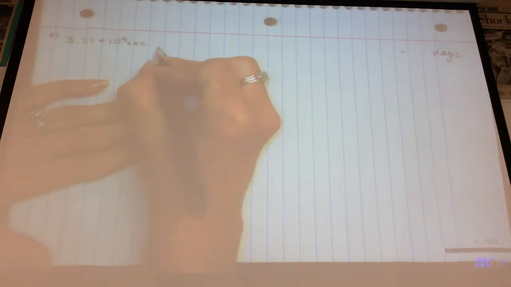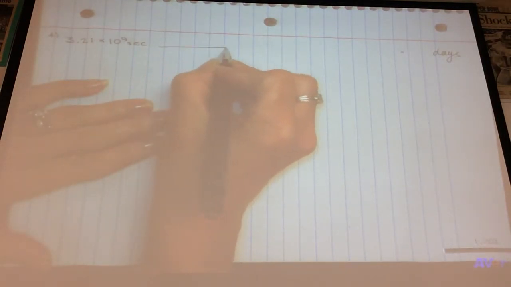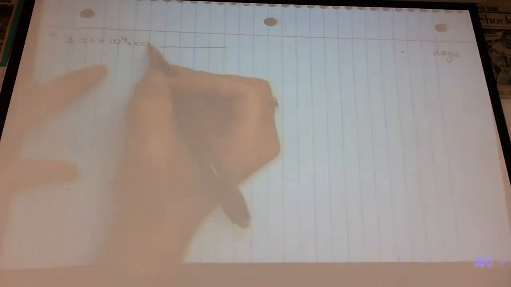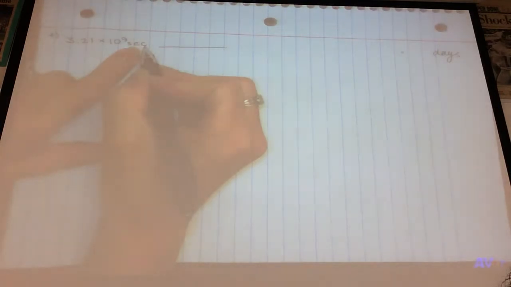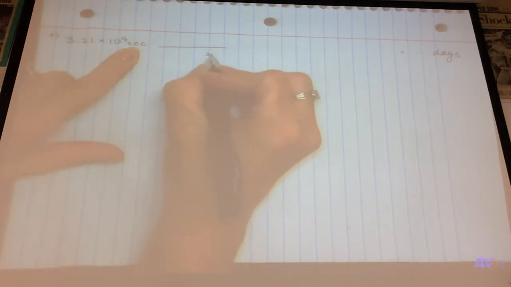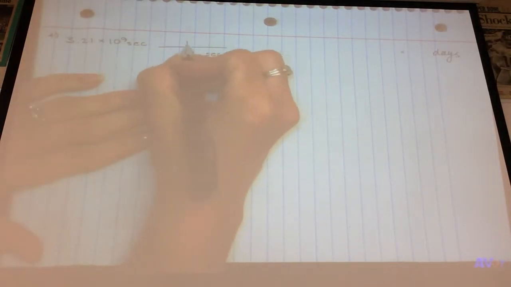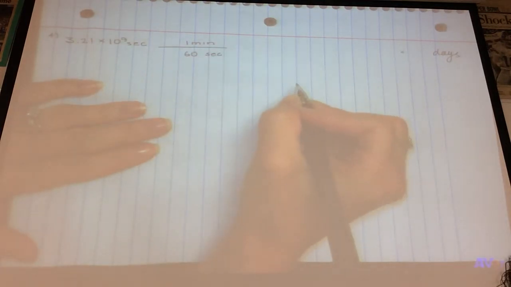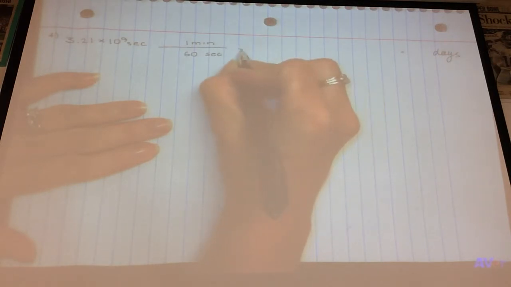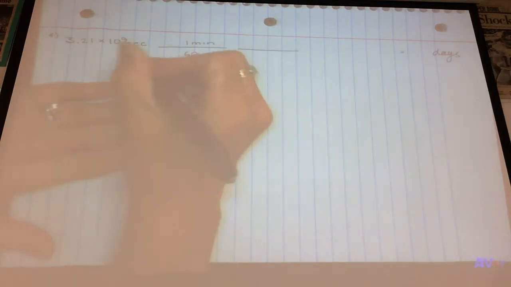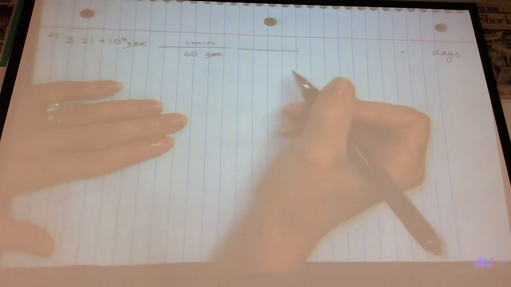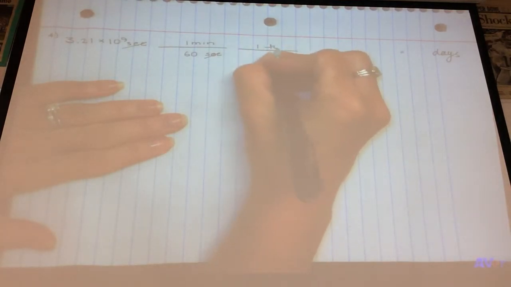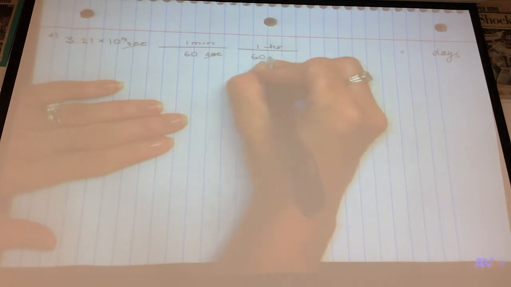And I'm going to work through these equalities. You don't have to write them all down underneath unless you feel like it's helpful to you. If seconds is here, I need seconds here. And I know in 1 minute there are 60 seconds. Now I want minutes to cancel, and I know in 1 hour there are 60 minutes.